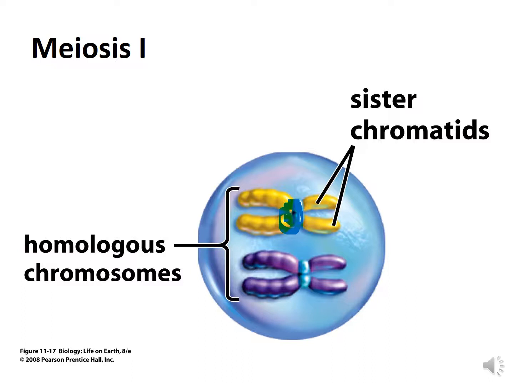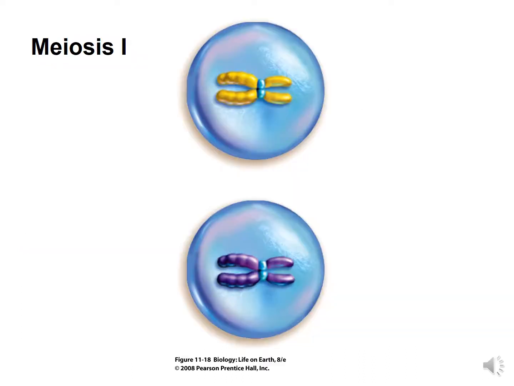Now let's see what happens during Meiosis I. Here's the end of Meiosis I. What's separated? Well, obviously, one cell divided into 2, but what's separated in terms of the DNA? Let's take another look at that.